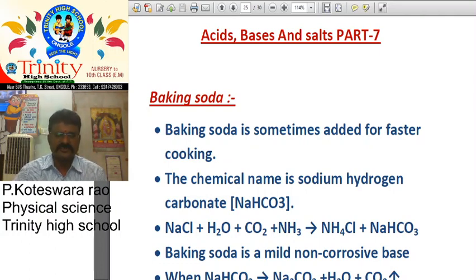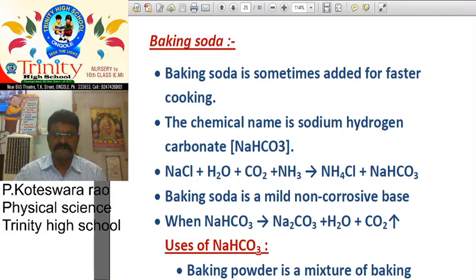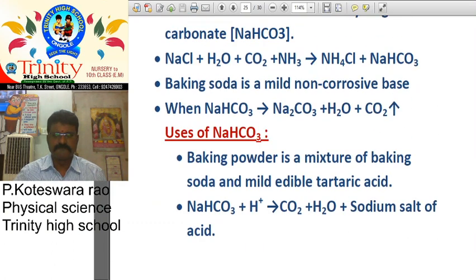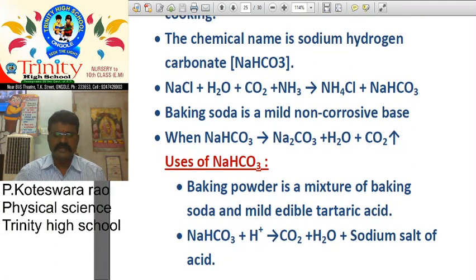What happens if NaHCO3, baking soda, is heated? What happens if you heat NaHCO3? Then it can produce Na2CO3.